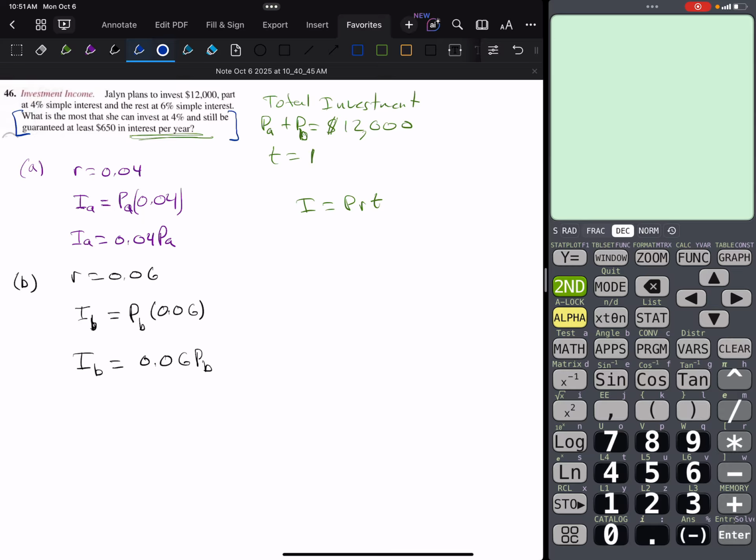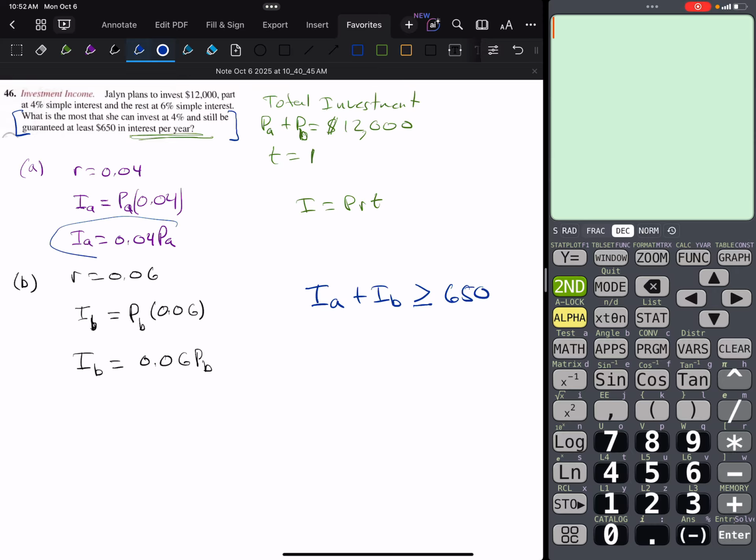What it sounds like is that the two interests summed together must be at least $650, right? And so what I really have here is that IA plus IB must be at least, and by at least, I'm going to say that means greater than or equal to, because at least would mean that the minimum value would be $650.